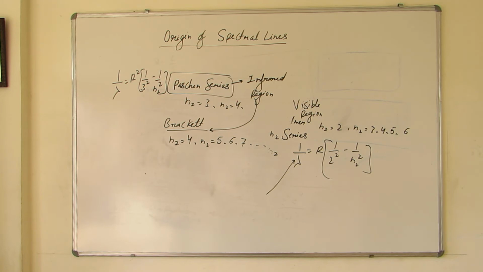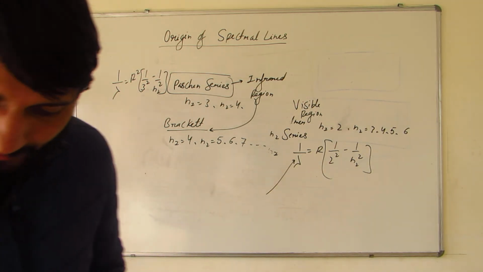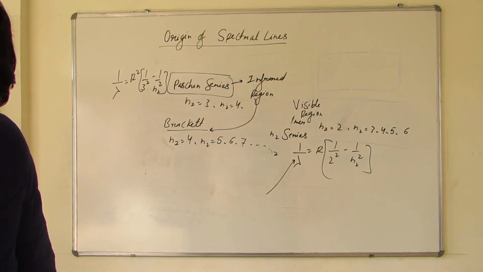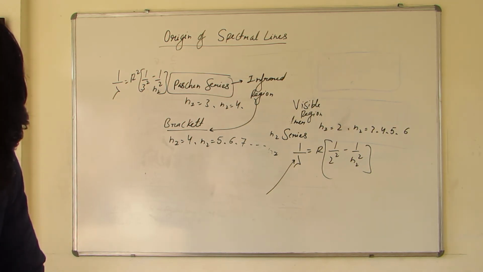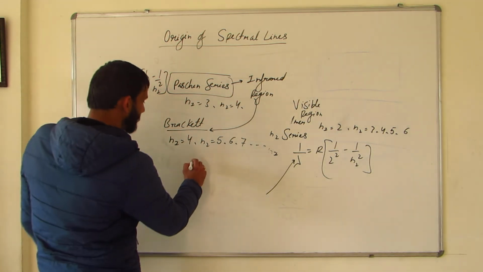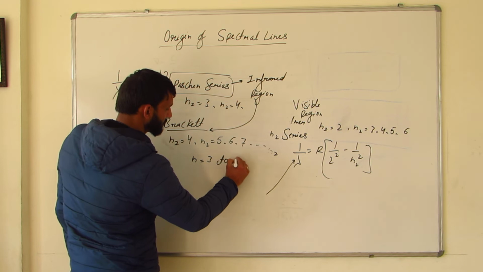So I don't remember whether we have done this or not, but let us do this question. They are talking about the hydrogen atom, and they are saying that in a hydrogen atom, an electron jumps from n equals 3 to n equals 2.